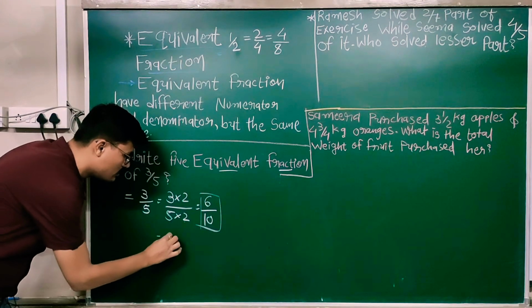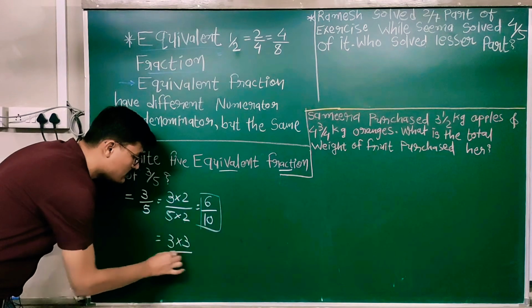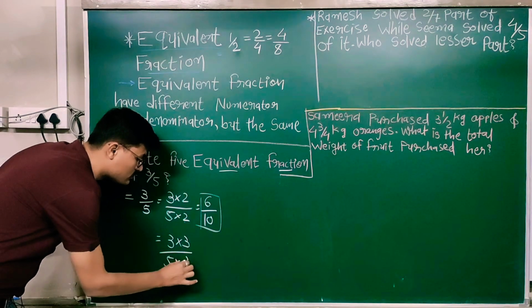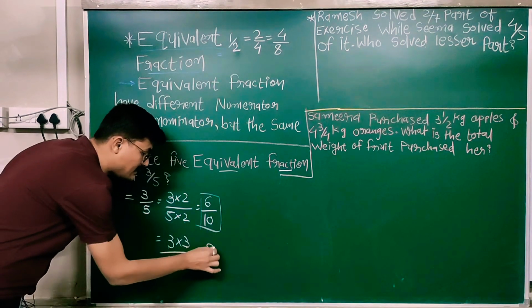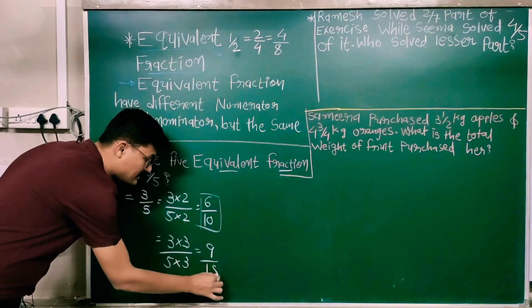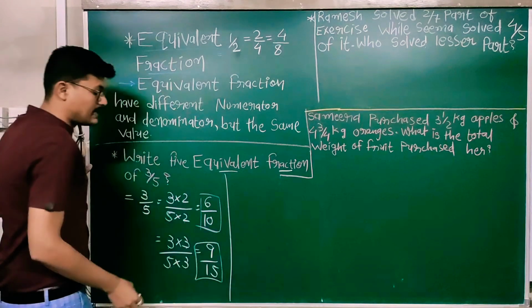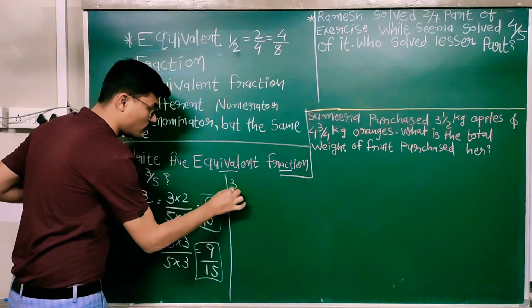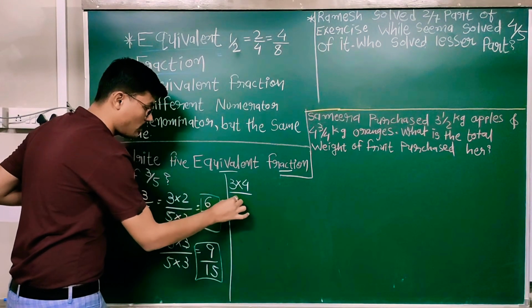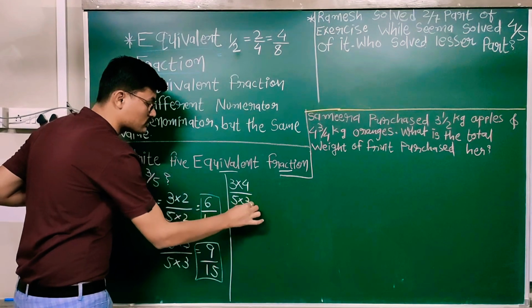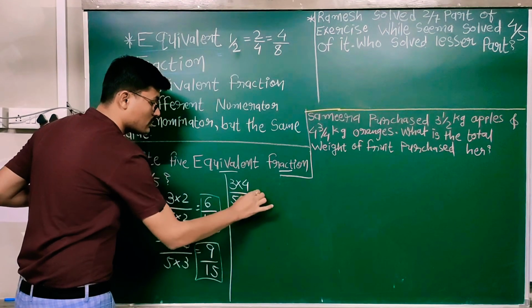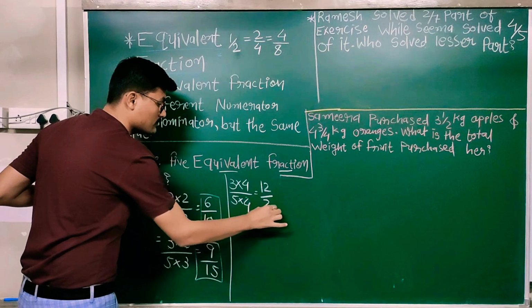Second, 3 into 3 upon 5 into 3, 3 3s are 9 upon 5 3s are 15. So this is our second fraction. 3 into 4 upon 5 into 4 is 12 upon 20.